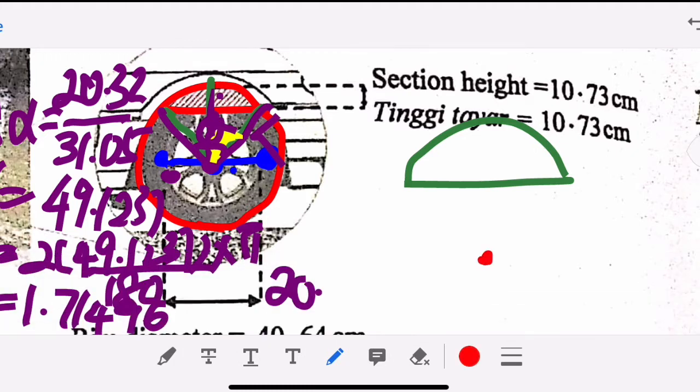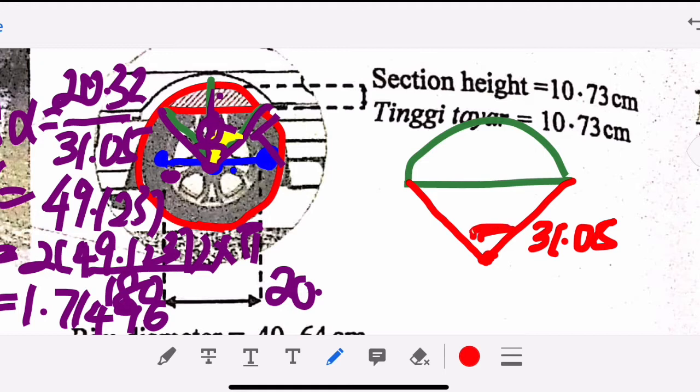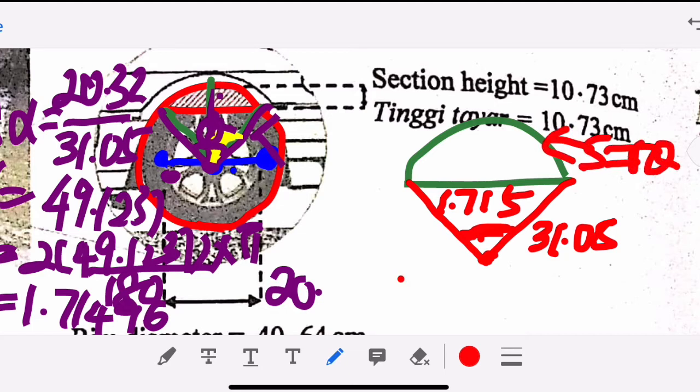The center was here, so this is 31.05, and this angle is 1.715 rad. So this length is s equals r theta. So the perimeter is given by the formula r theta.